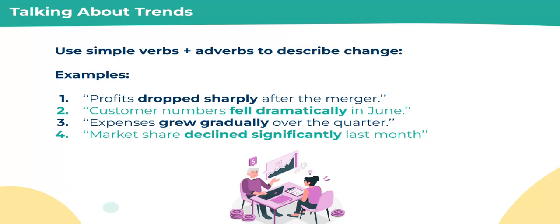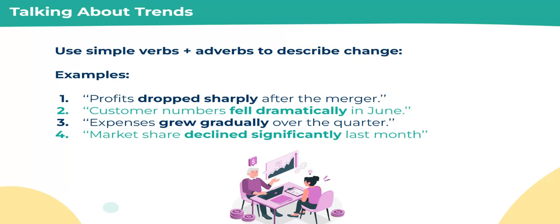Number 3, expenses grew gradually over the quarter. And number 4, market share declined significantly last month.